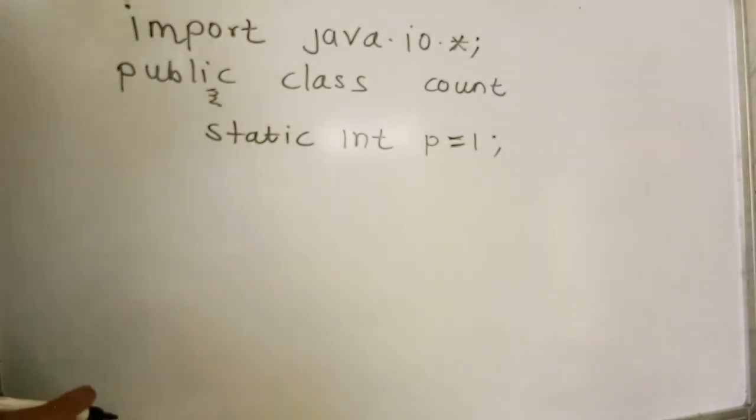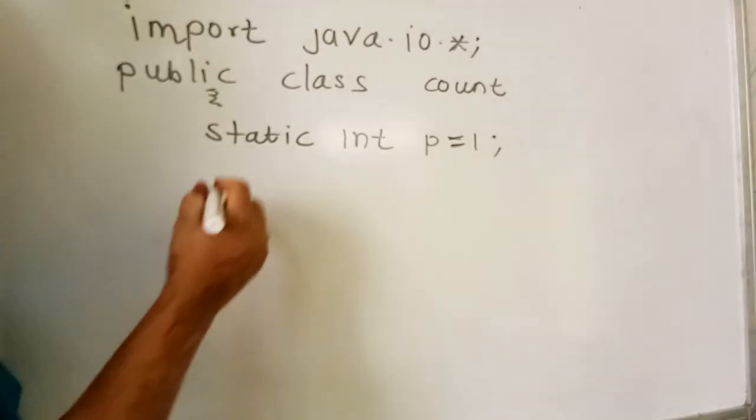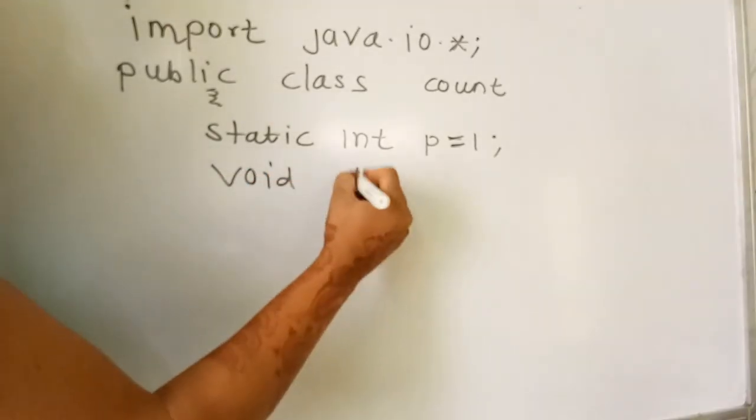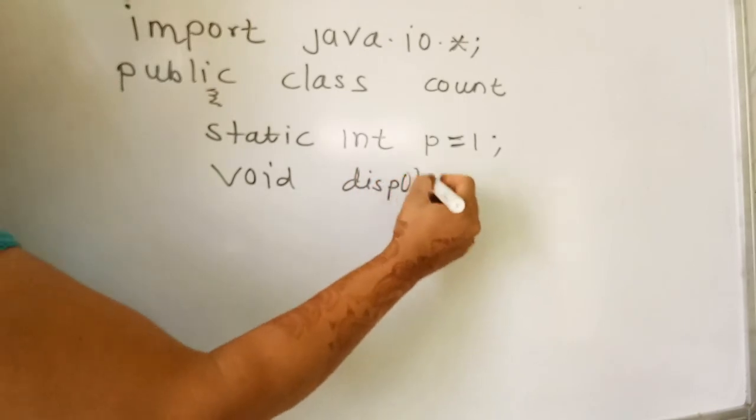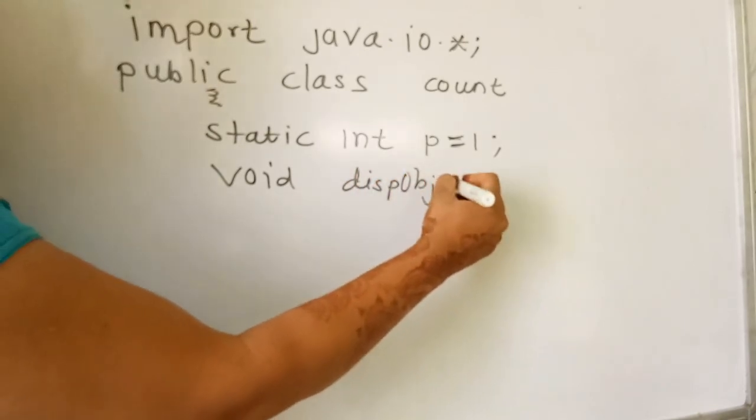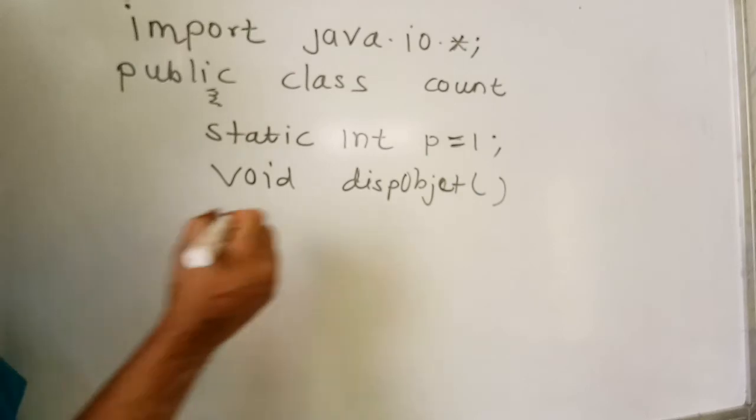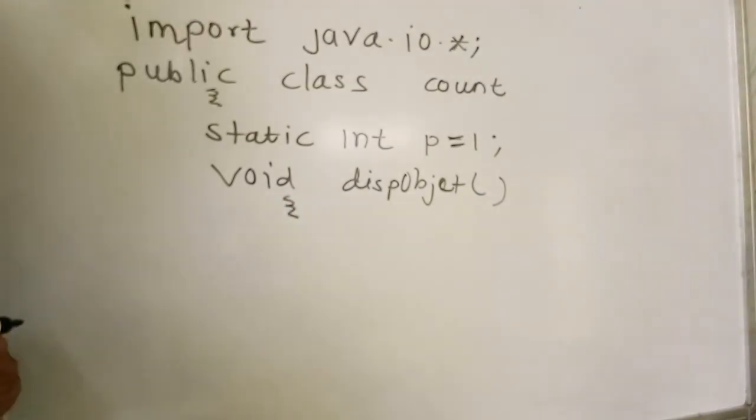Now, the problem has provided us the method, that is the display object. So we will create a method like void displayObject, and in that we only have to print the object. How to print this?